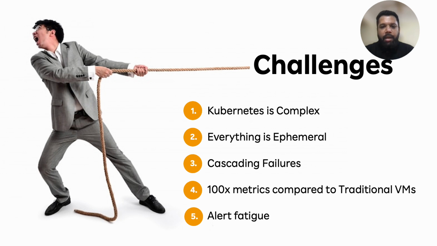And in Kubernetes, everything is ephemeral. When I say ephemeral, what is it? In Kubernetes, all workloads are designed to be ephemeral, meaning they can be easily started, stopped, and replaced without impacting the overall system. That's the beauty of Kubernetes, but that's also a challenge. Pods, which are the smallest deployable units in Kubernetes, are ephemeral by nature.